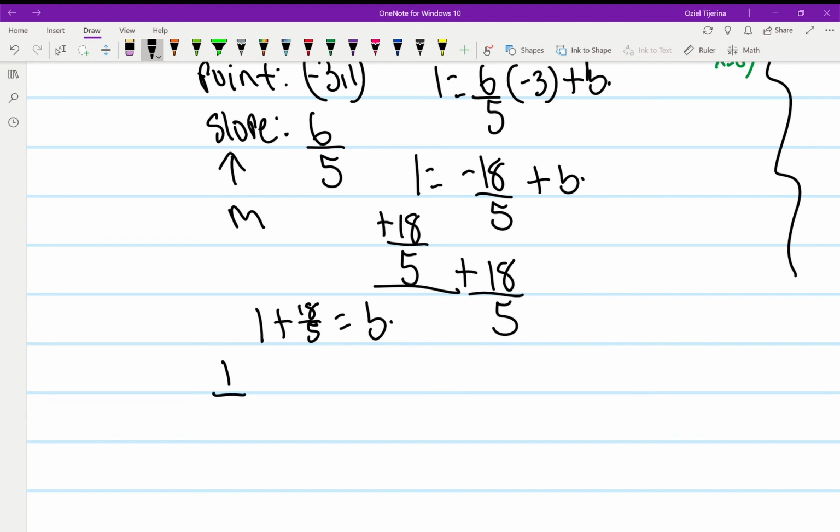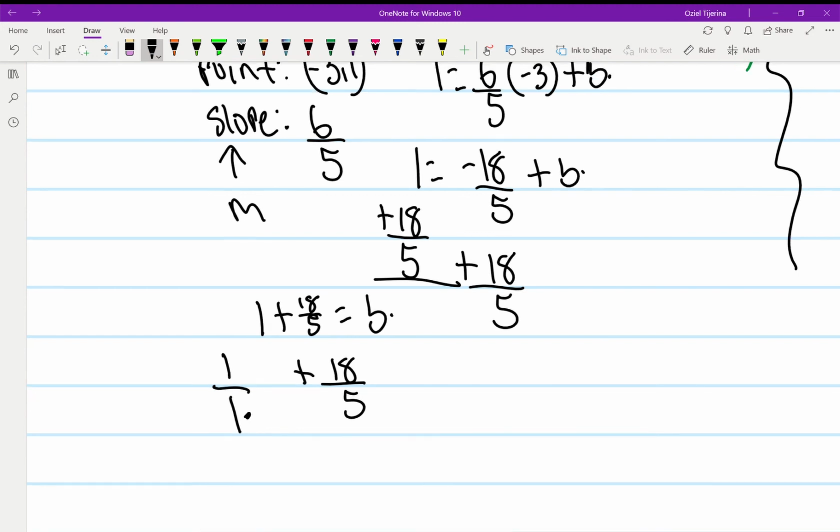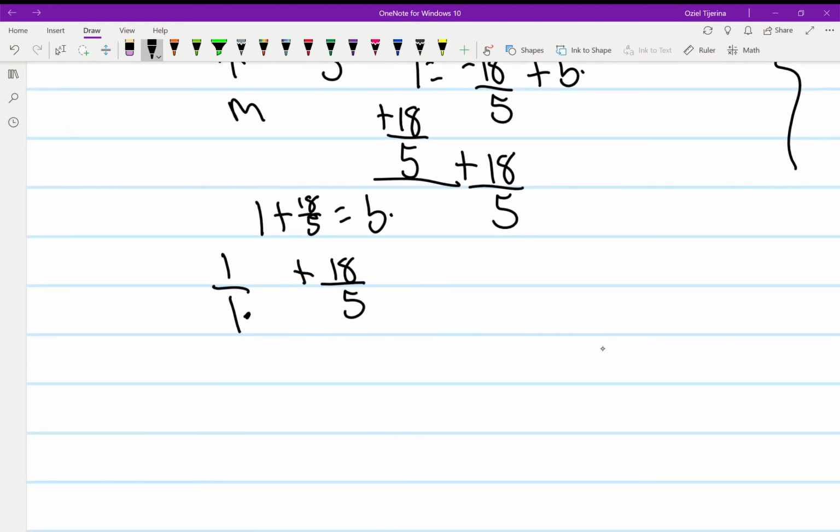Since we have 1/1, we want to get the common denominator the same. That property where if we have a over b plus c over d, that's going to be AD plus BC over BD. You don't have to pay attention to this part.